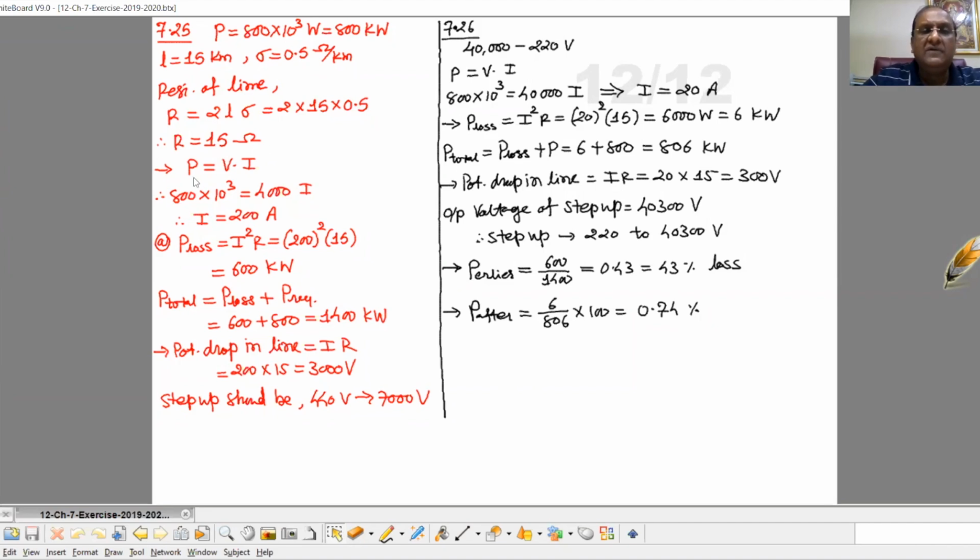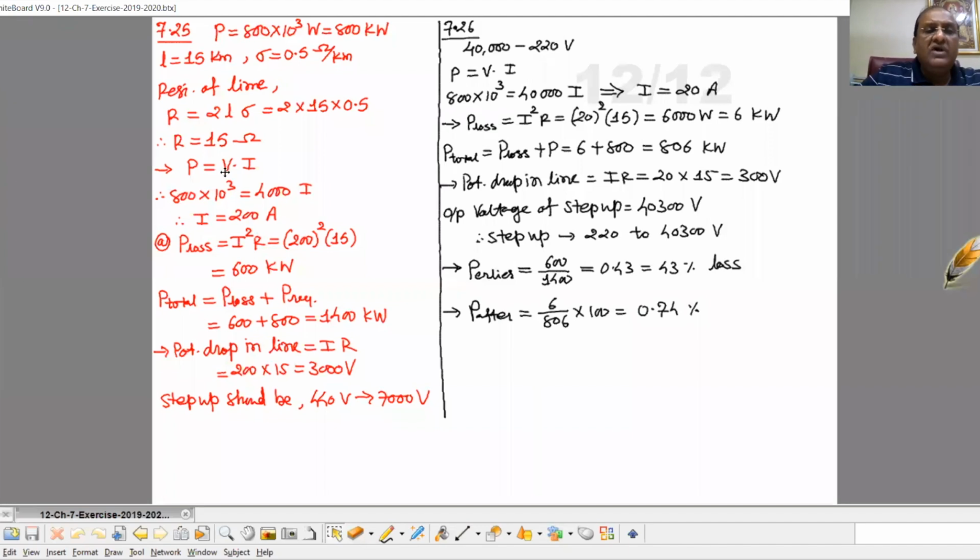Now the power required at the place, that is 800 into 10 raised to 3 watt. Now see, it is given to you that it is transferred at 4000-220 volt step down transformer at substation.